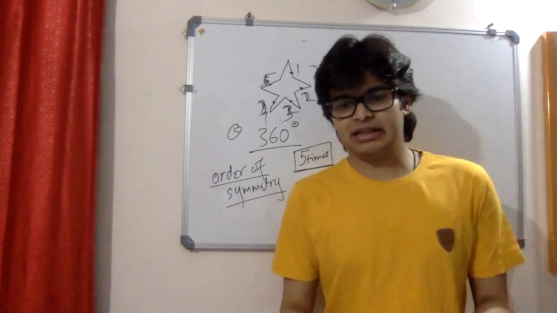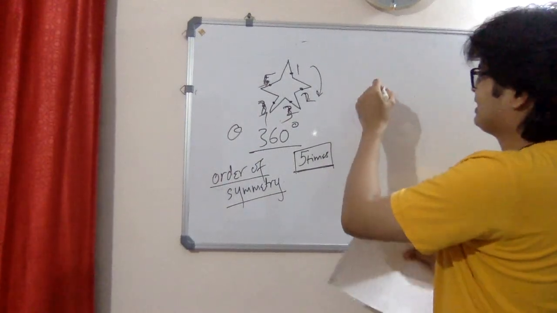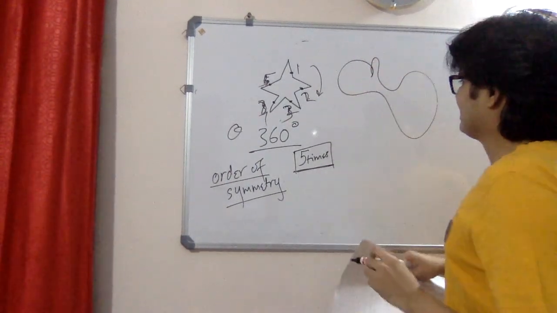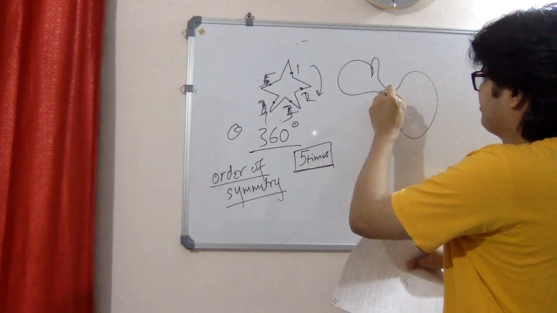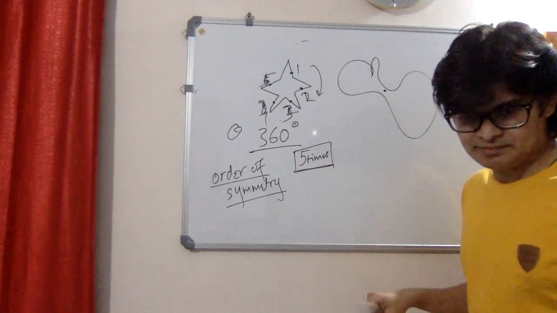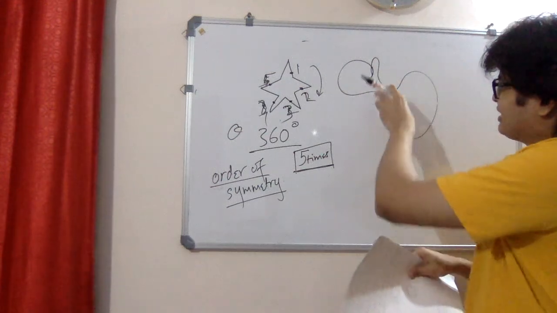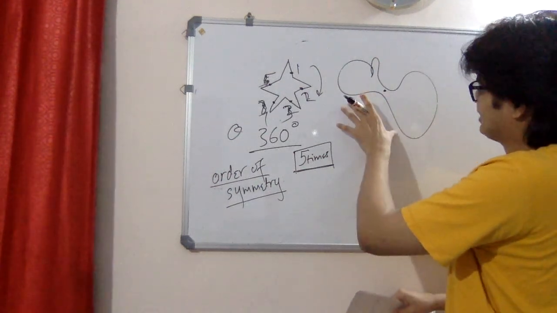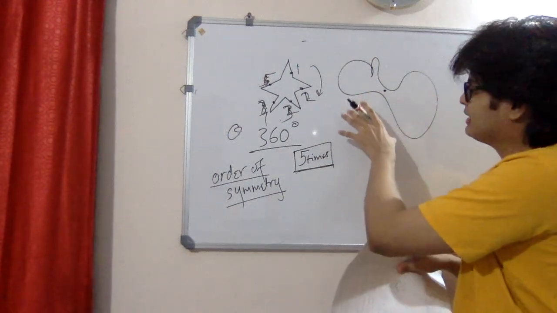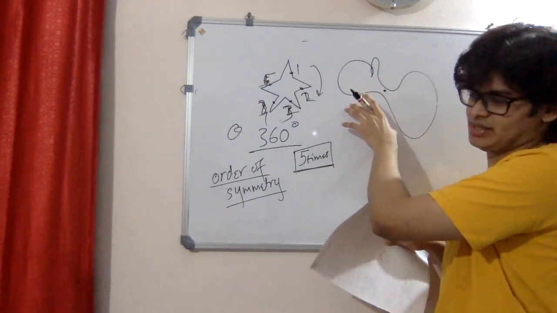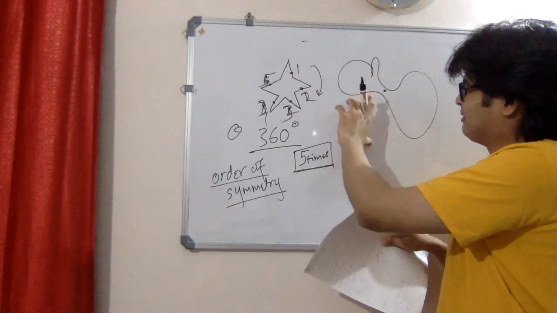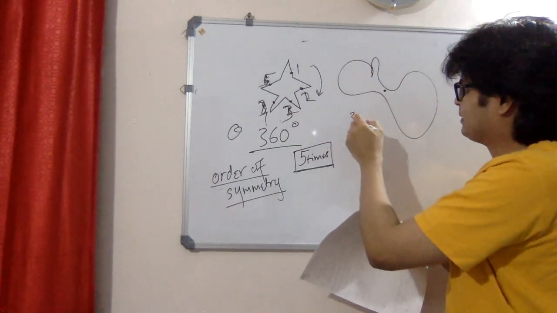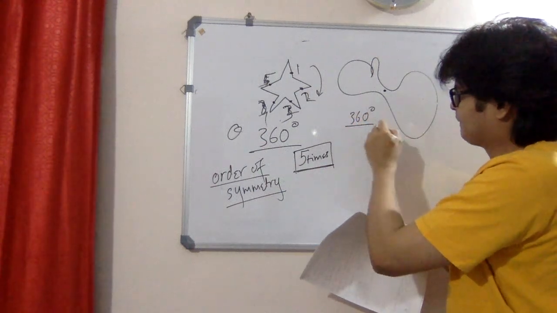For example, if I take some irregular polygon, something like this, and rotate it from this axis, there is no way I can get a symmetry. By symmetry I mean this shape remains unchanged by any rotation, except for the complete 360-degree rotation.